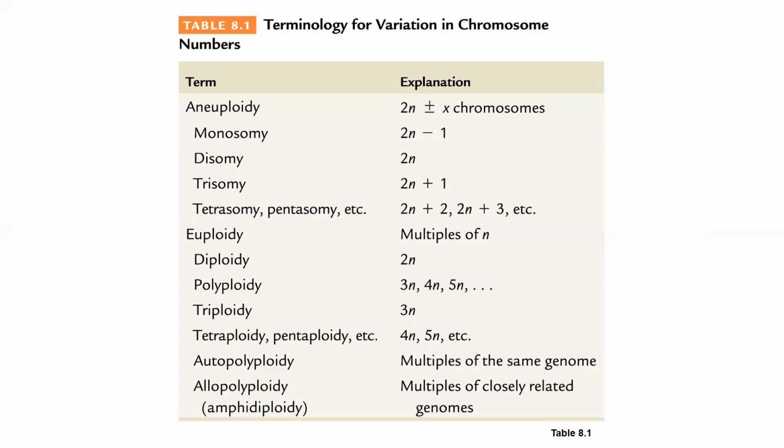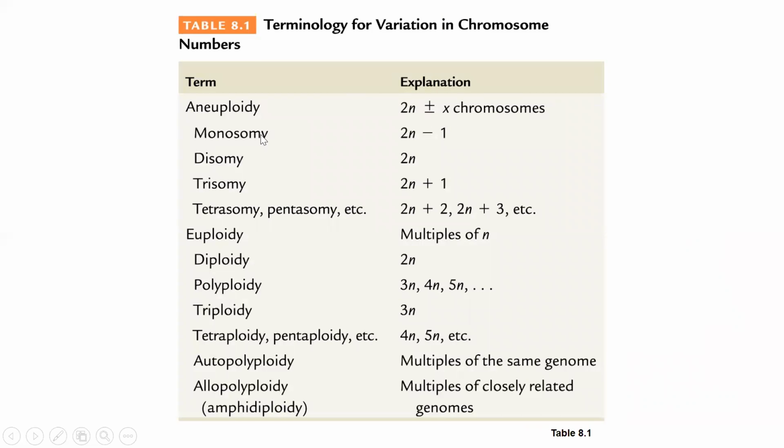Another set of terminology for variation in chromosome numbers involves various categories under aneuploidy and euploidy. As we said, aneuploidy is the diploid number plus or minus X number of chromosomes, right?